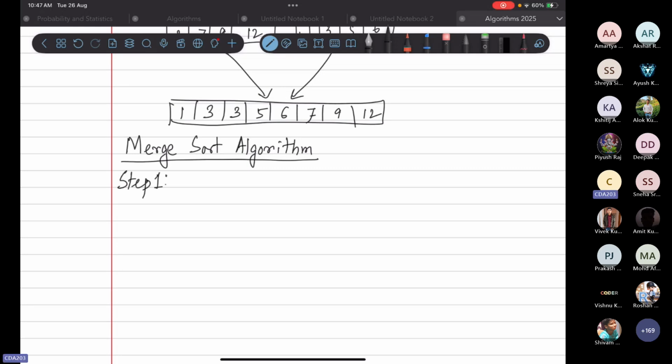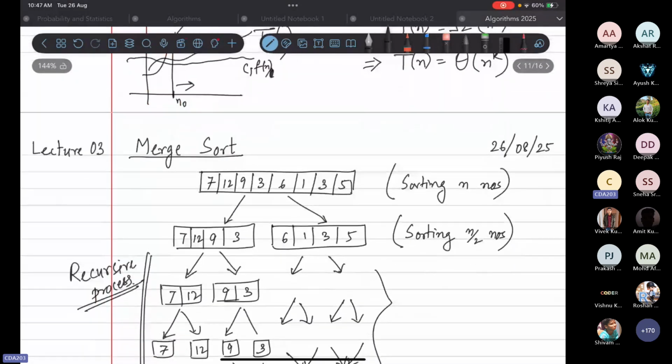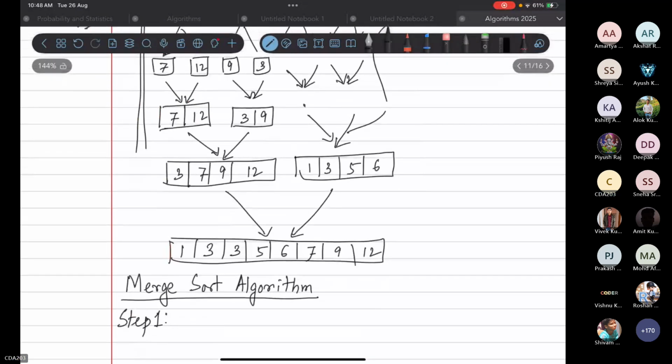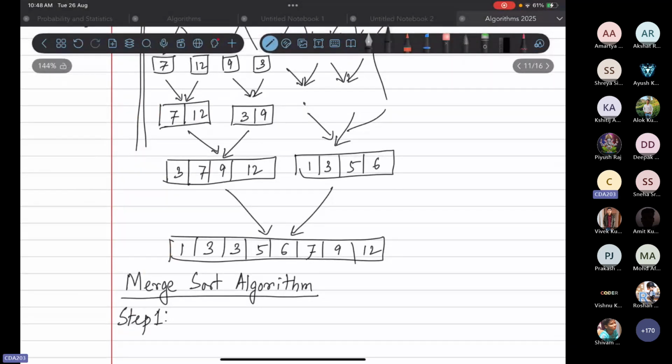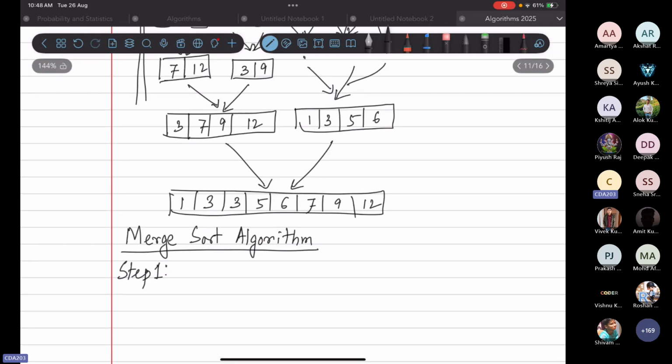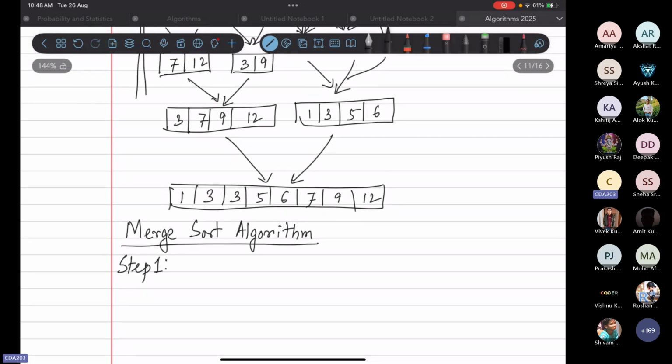Step one. In this first step, I'll divide this array. As I said, how to get this sorted array from two smaller sorted arrays, that I'll cover later.